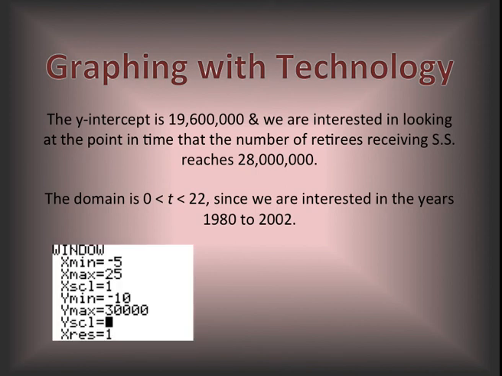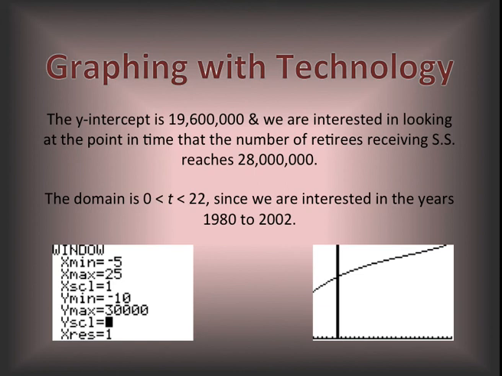So what we might want to do is go to our viewing window and look at the domain where the x minimum is just slightly less than 0 and goes up to about 25, which would be several tick marks past 22 or 2002 as a year. For the y minimum, we might want to go slightly below the x-axis to maybe -10, and then go up to about 30,000, which in thousands means we would go up to about 30 million.